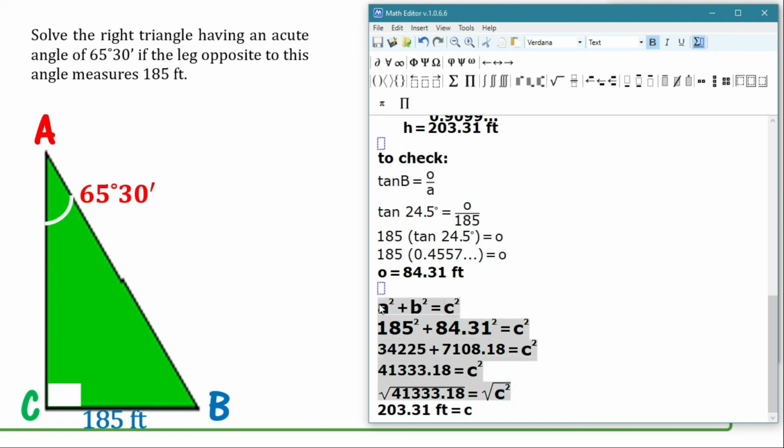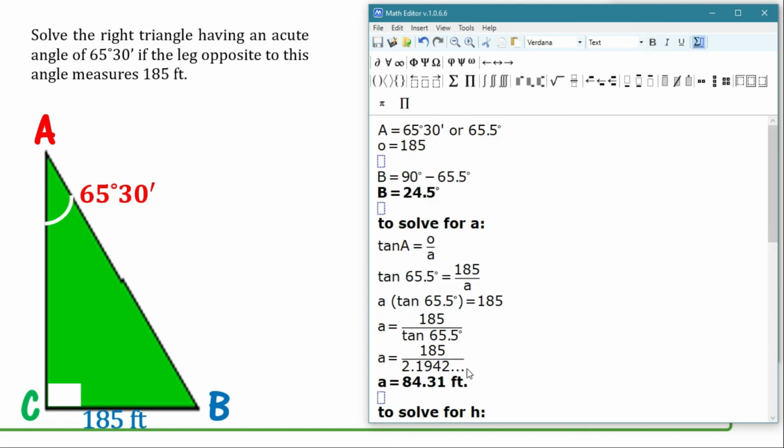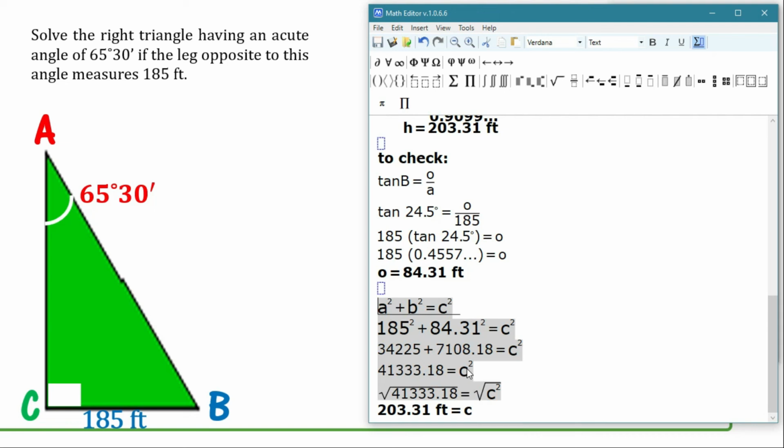So indeed, the value that we got a while ago is indeed the value of our hypotenuse. Okay? So that's it. That's how we are going to solve for the missing side of a right triangle given an acute angle and the measure of one side of a right triangle.